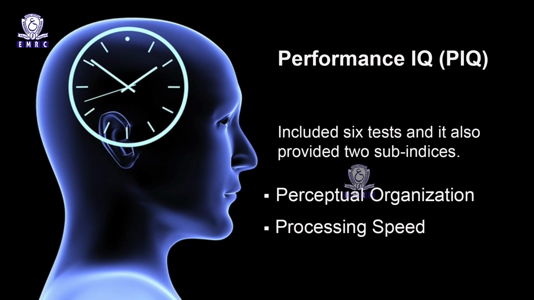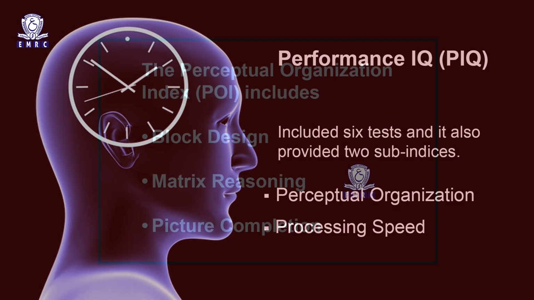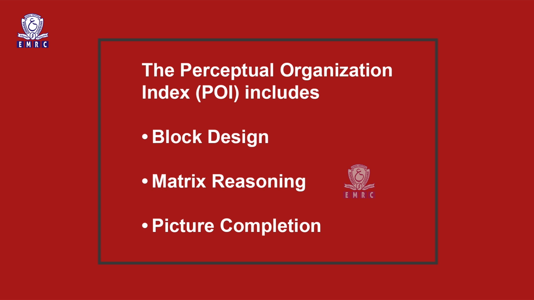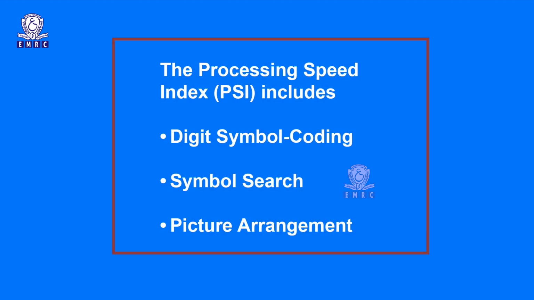Performance IQ or PIQ included 6 tests and it also provided 2 sub-indices, perceptual organization and processing speed. The Perceptual Organization Index or POI includes block design, matrix reasoning, picture completion. The Processing Speed Index includes digit symbol coding, symbol search, picture arrangement. These are the various components that can be tested using WAIS.